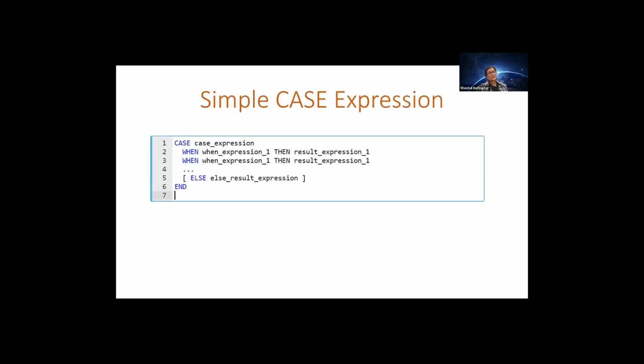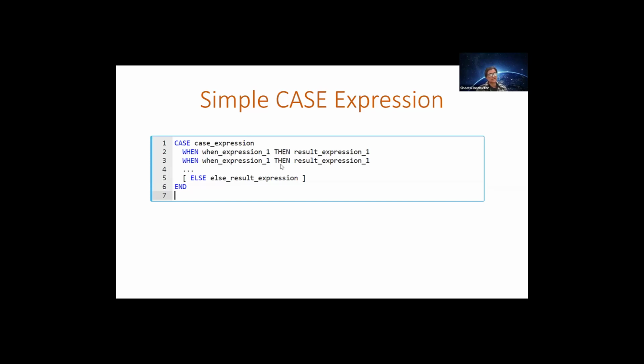All right, so let's look at the formal syntax of a simple case expression. Your case statement begins with the keyword CASE, and then you give it an expression. Then you say WHEN the first expression is true, THEN you give it a result expression.